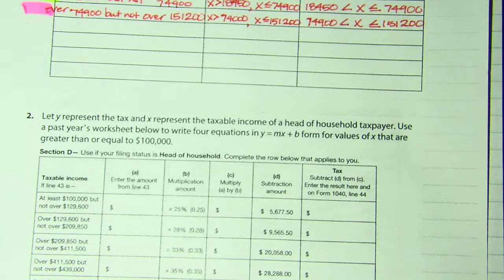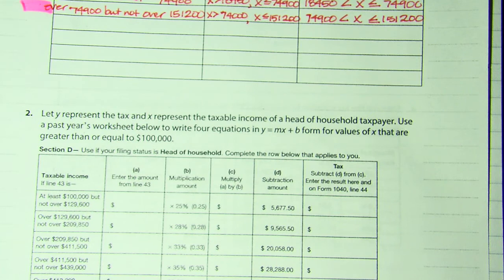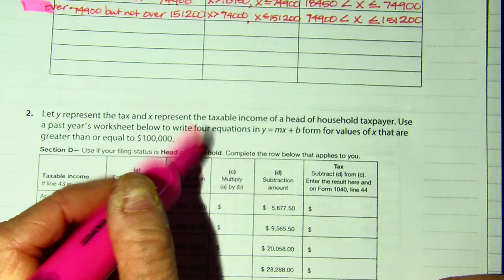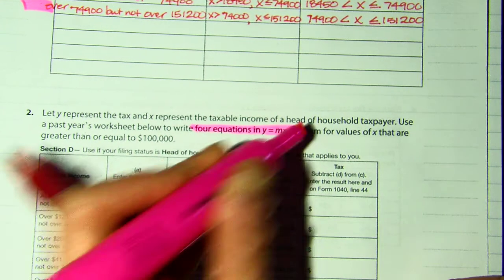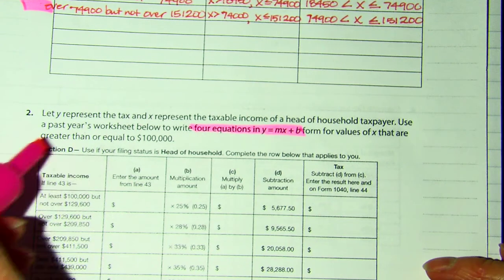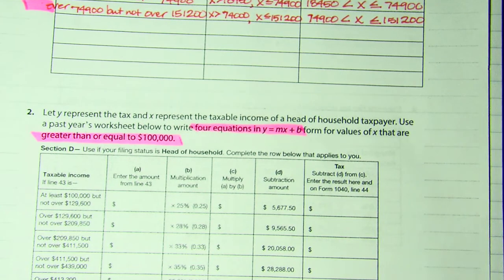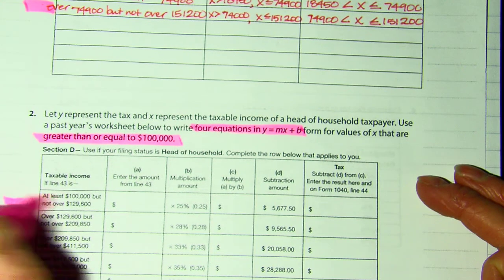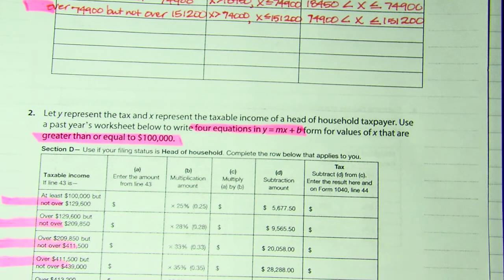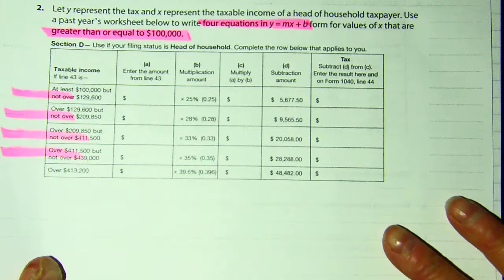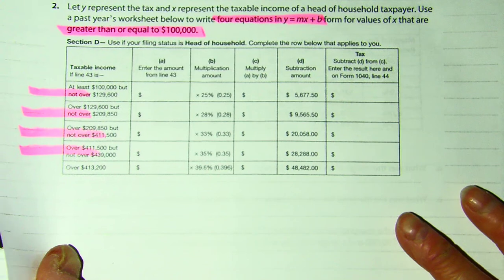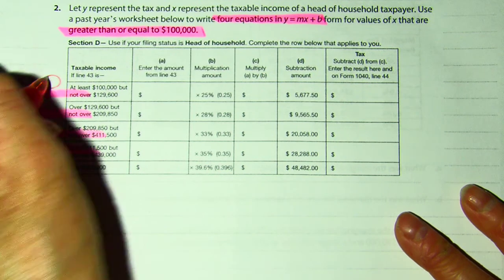So number 2, let y represent the tax and x represent the taxable income. Use a past year's worksheet to write 4 equations in slope-intercept form for values of x that are greater than or equal to 100. So I'm going to simply do these first 4. Okay, and I can label them. So I'll label this one as number 1.